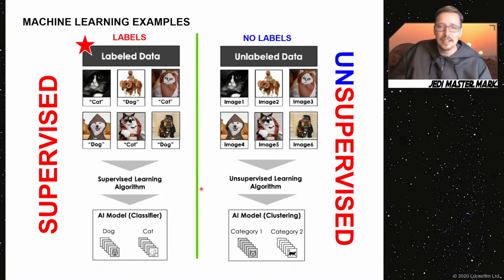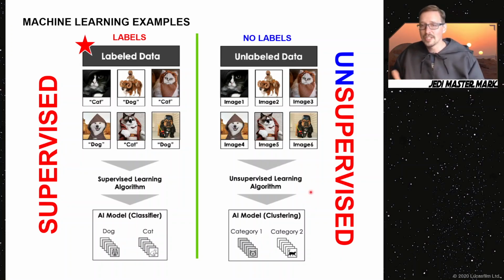Unsupervised machine learning, we have all the images, but there's no label. So there's no output response. So here you don't have labels. You're going to train this machine learning algorithm. And that machine learning algorithm is going to know that when there's a new image, it looks an awful lot like this cluster that I have over here.